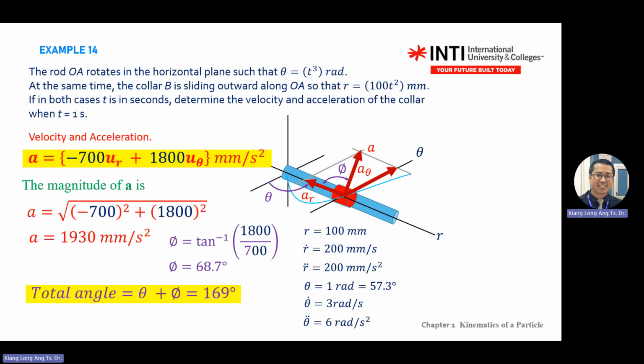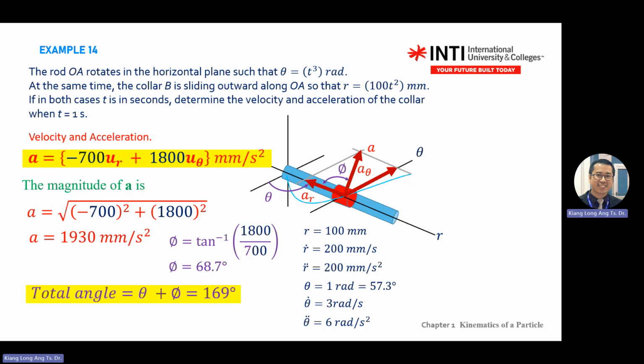When it starts from 0, the angle of resultant will be 58.7. Before it starts, it already starts at 68.7. Can you see the A angle?